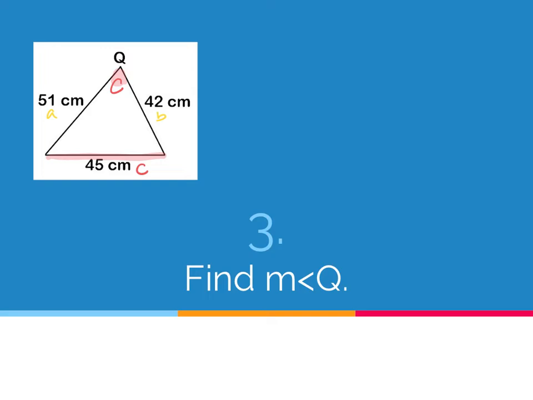We're going to start with our formula. C squared equals A squared plus B squared minus 2 times A times B times the cosine of C. Let's substitute what we know. 45 is our C, so 45 squared equals A is 51, so 51 squared plus B squared, which is 42 squared, minus 2 times 51 times 42 times the cosine of C. We don't know that angle, so we'll leave it as the cosine of C. In this problem, we are going to need to do it step by step.